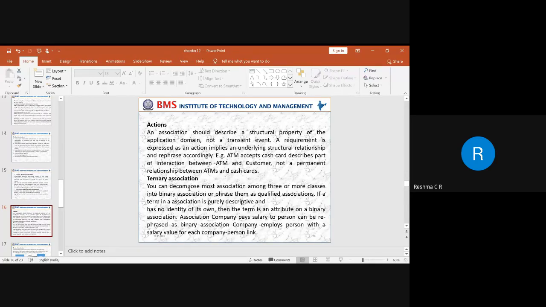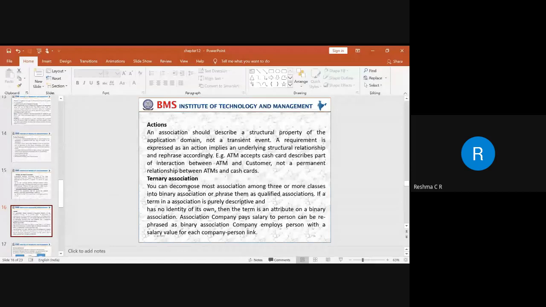When we are using a ternary association, we can also use a qualified association, where we can have a complete pure description of an association. These associations can be in terms of attributes or in terms of a binary association.